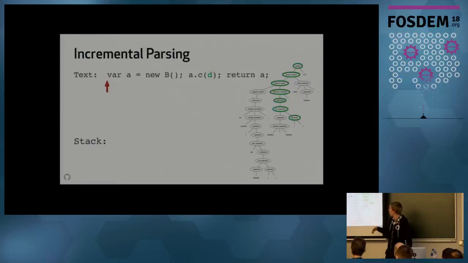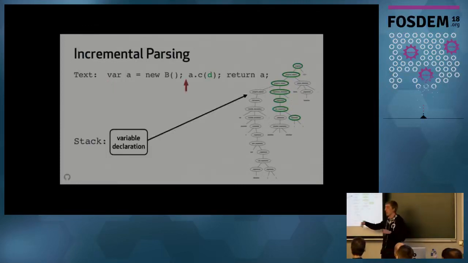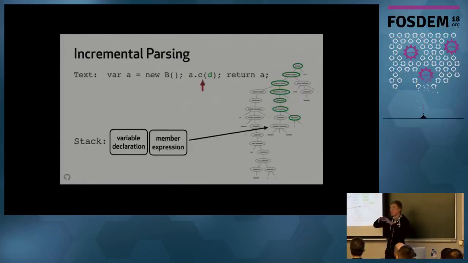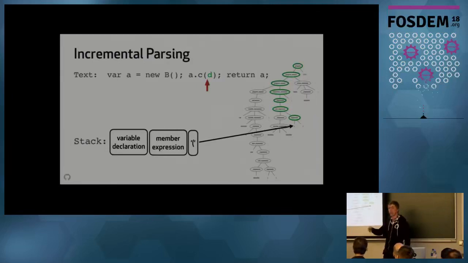So upon starting, it can immediately push directly onto its stack the entire variable declaration that was the first statement in the program. And then it can reuse smaller pieces from there, like this member expression that preceded the edit, and the left parenthesis right before the edit. And then it can parse from scratch for a tiny little piece where you inserted, but then it can resume reusing more trees.